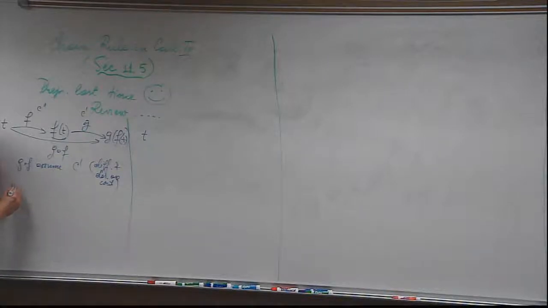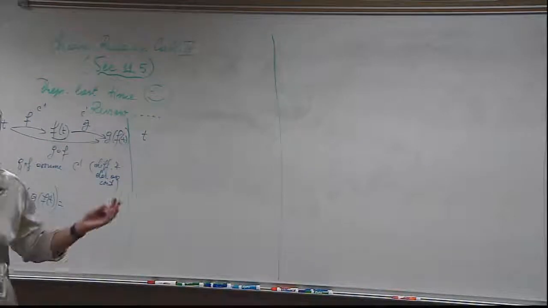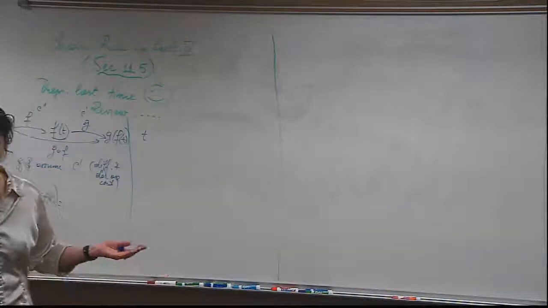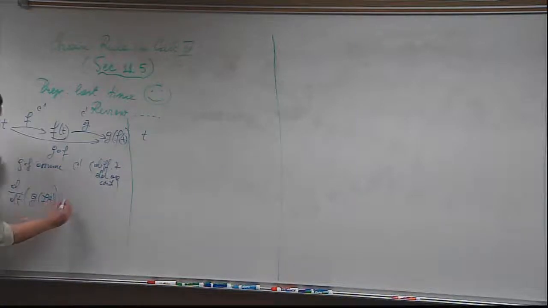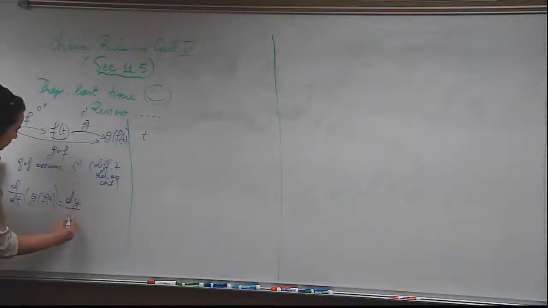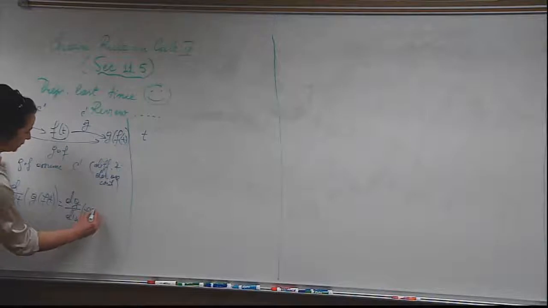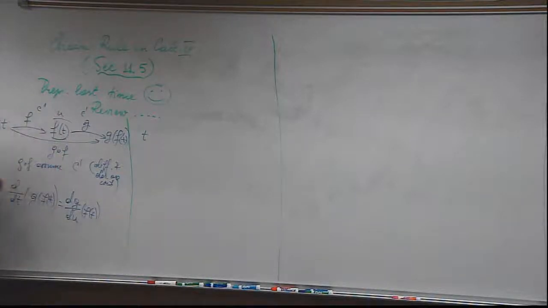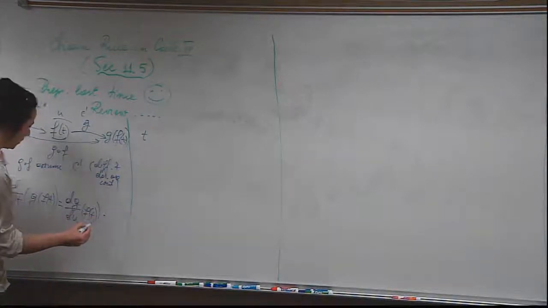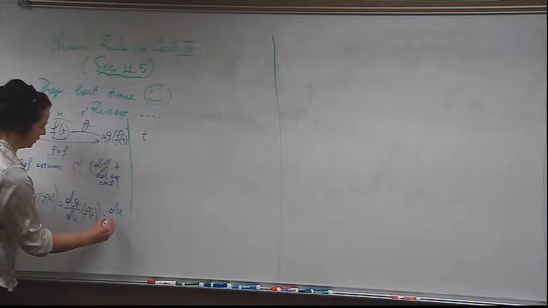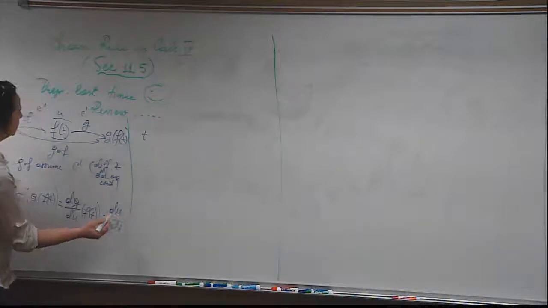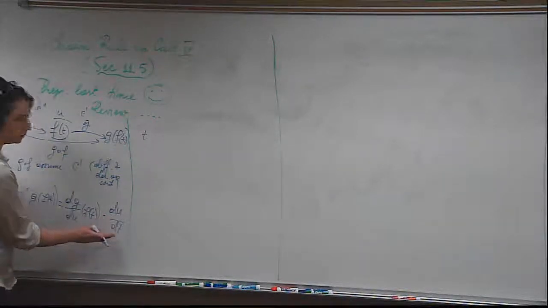I'm going to say d/dt of g of f of t, and we said last time we get the chain rule from the last function we applied, g prime, so you have dg/du at f of t, calling this guy u variable just for my own enjoyment, and then I go du/dt, but that du/dt will be nothing but f prime of t.